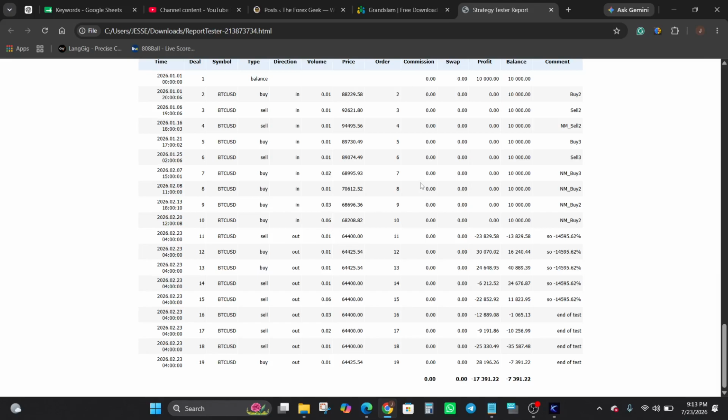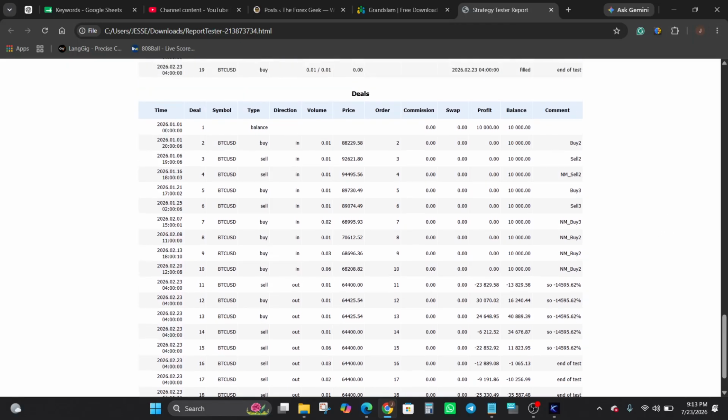So it corresponds with the martingale style logic. Since the developer openly states that the EA uses dual martingale logic, seeing progressively larger position sizes during parts of the historical test is not unexpected.